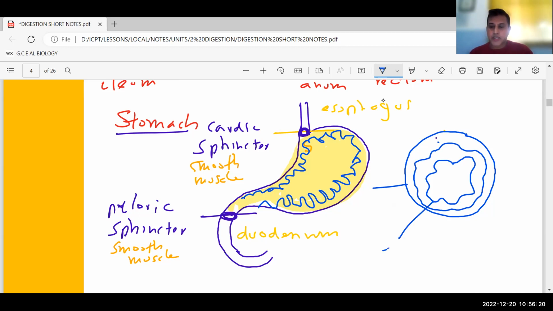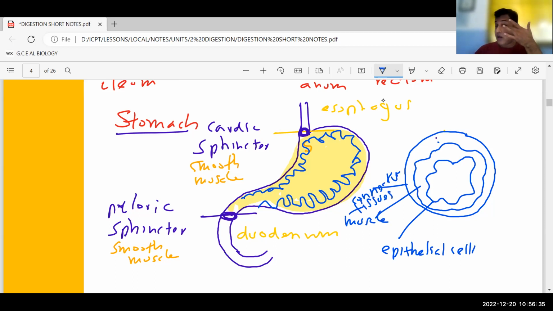This is the epithelial cell. This is the muscles, and that's the connective tissues. This remains mostly constant throughout the digestive system, but the amount of muscles may be different, and the type of epithelial may be slightly changed. Other than that, they have these several layers: epithelial is the first one, then the muscle layer, and the connective tissues.